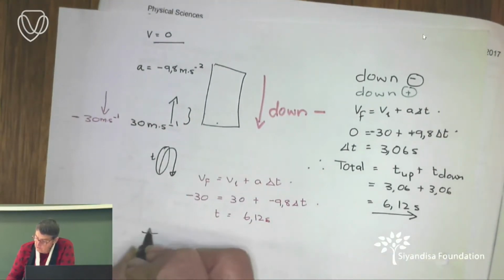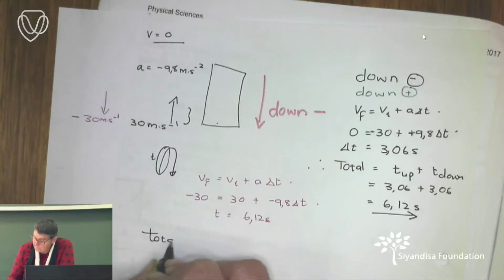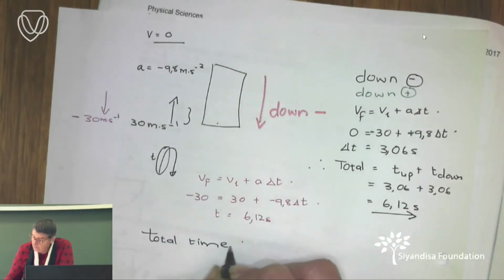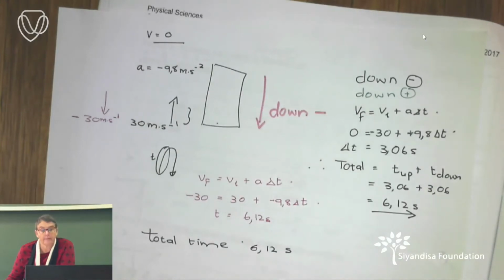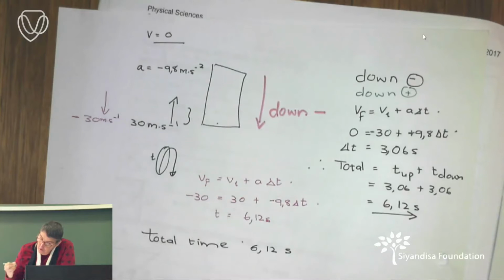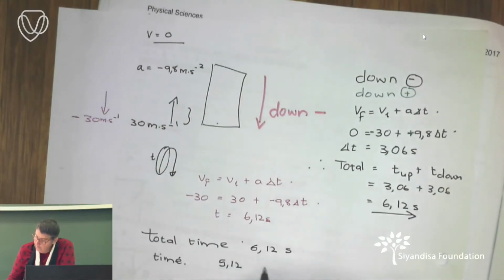We know that the total time was 6,12 seconds. Okay. Which means the last second is the time from 5,12 and 6,12.